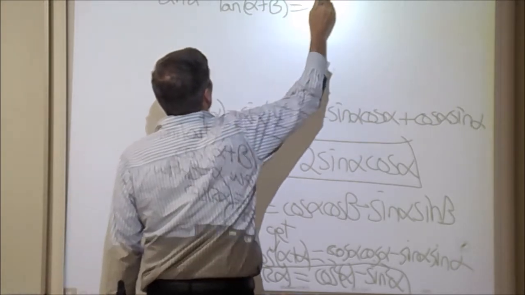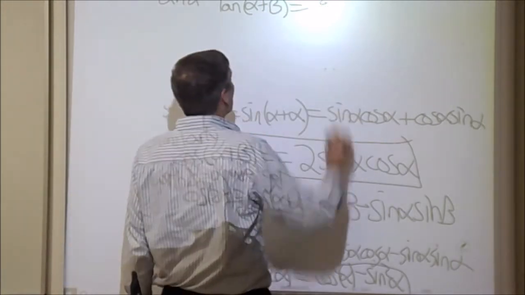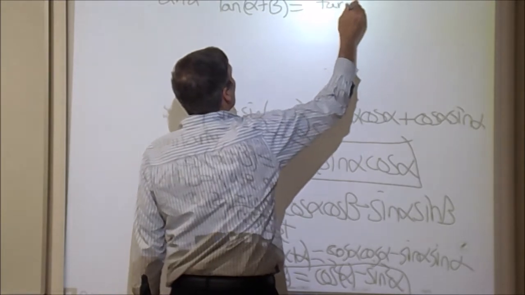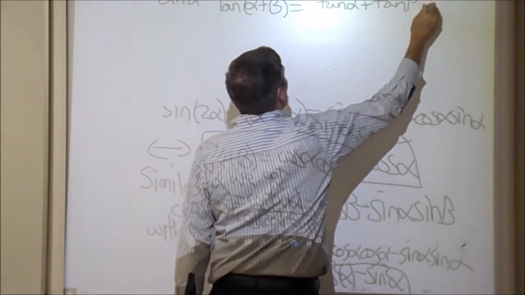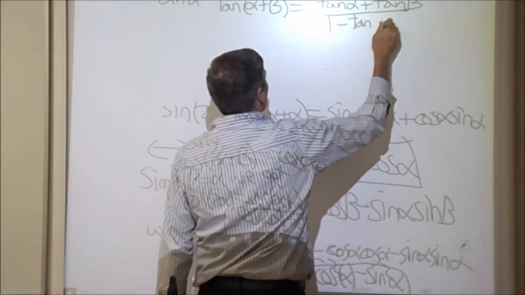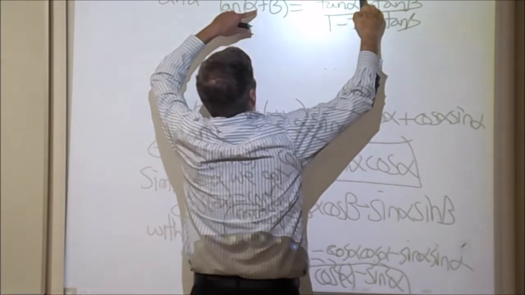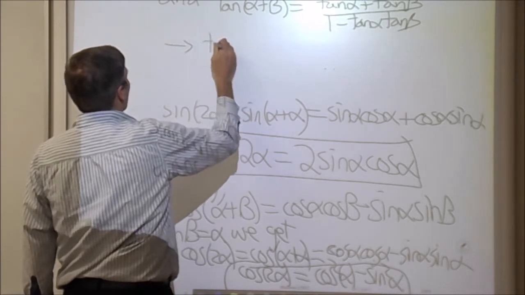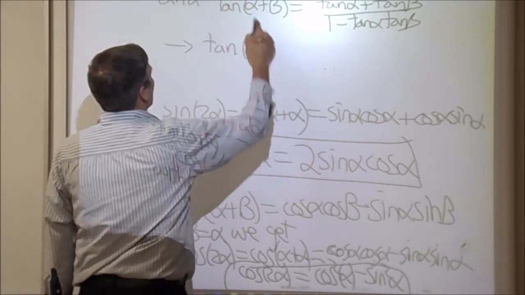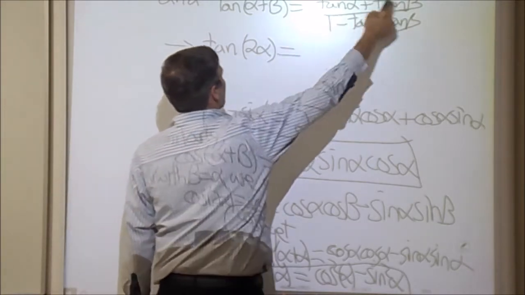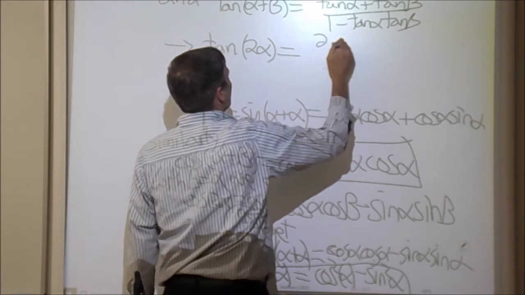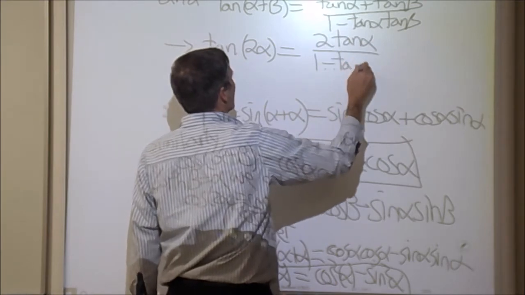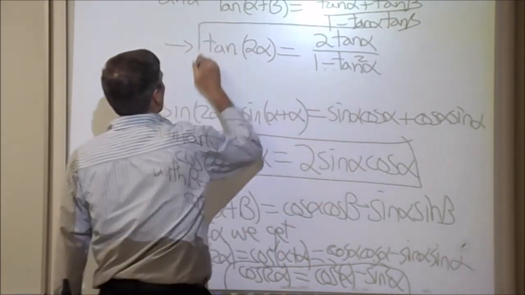Tangent of alpha plus beta was tangent plus tangent over 1 minus tangent tangent, with the same sign on top, plus, and the opposite one on the bottom. Putting beta equals alpha, the tangent of 2 alpha is tangent plus tangent, which is 2 tangent alpha, over 1 minus tangent tangent with the same angle, which is 1 minus tangent squared alpha. There's the formula for tangent.